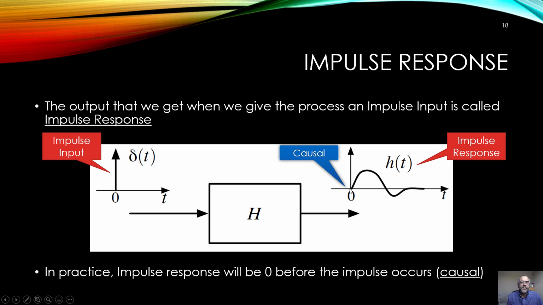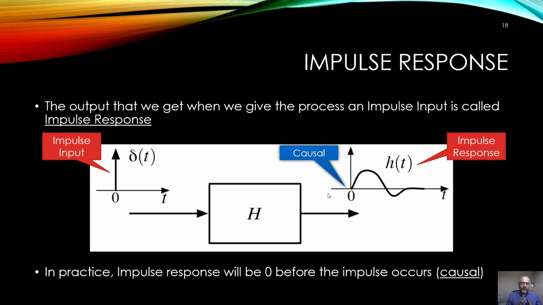In real-life systems, the reaction to an impulse will always be after that impulse. It would be very weird if you kick a ball with your foot and the ball starts moving before you hit it. That would be against all the laws of physics, against all the laws of logic also.